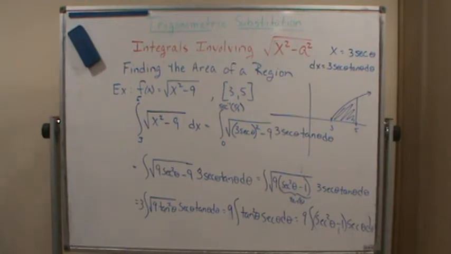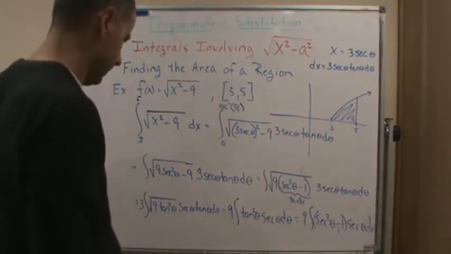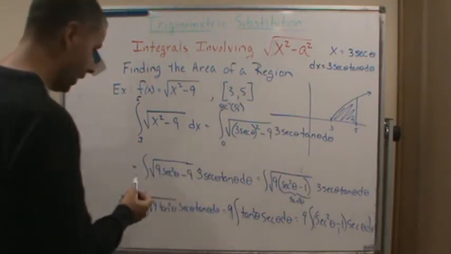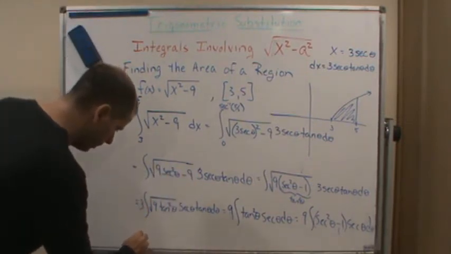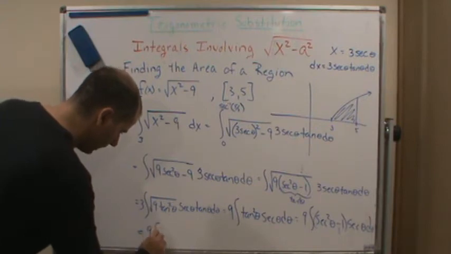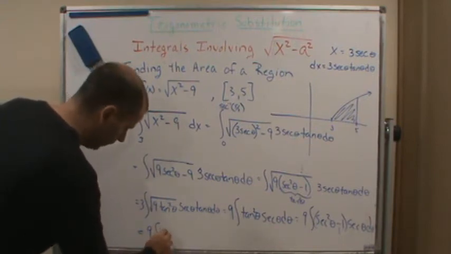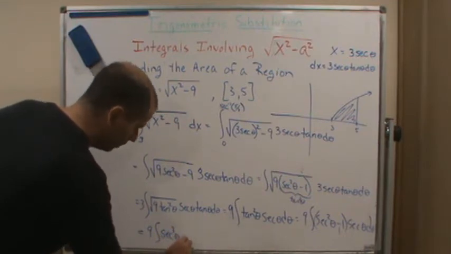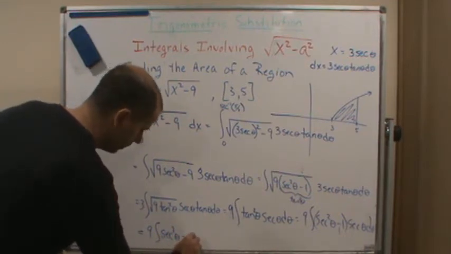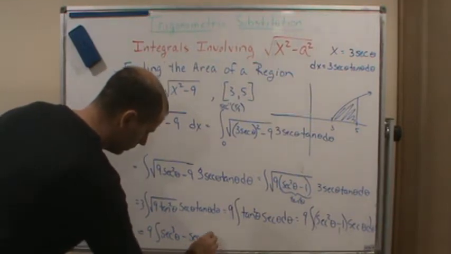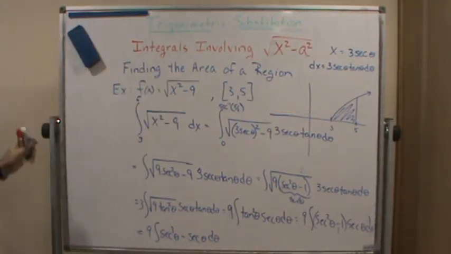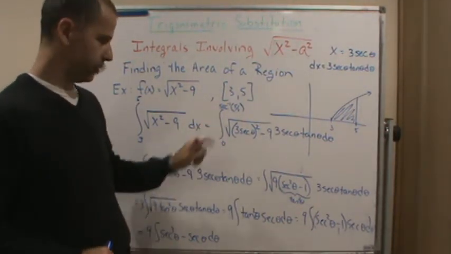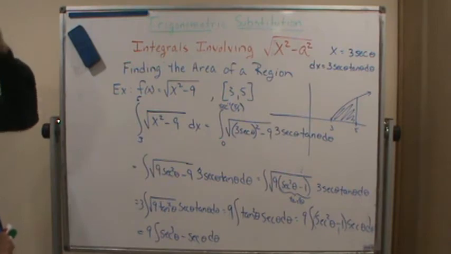And now this becomes 9 times the integral of secant cubed theta minus secant theta d theta. Now again, remember the limits of integration are still 0 to secant inverse of 5/3.